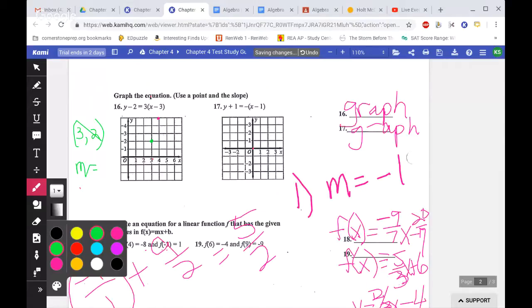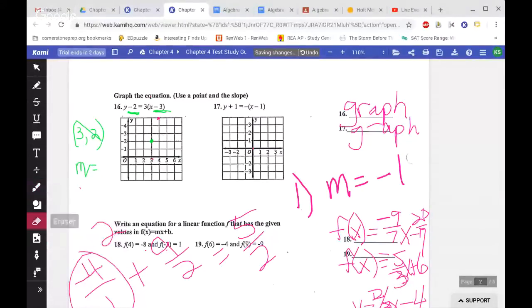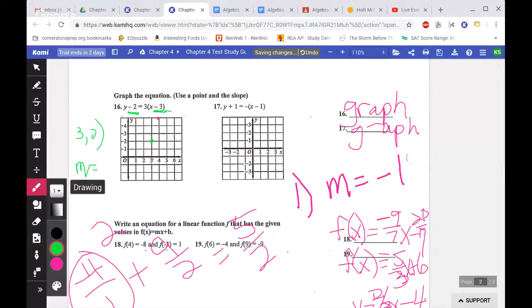This is point slope form: here's the x coordinate and here's the y coordinate, and you take out the opposite. Okay, I remember now.